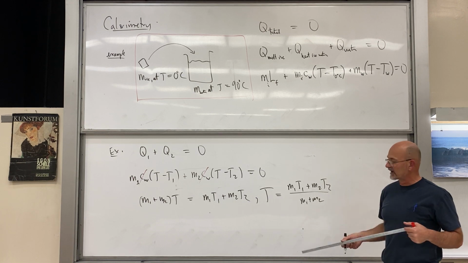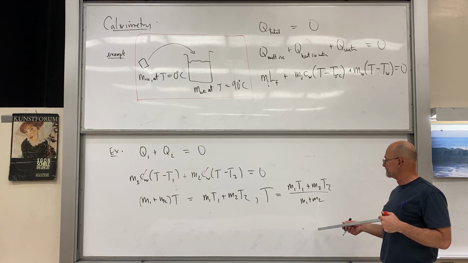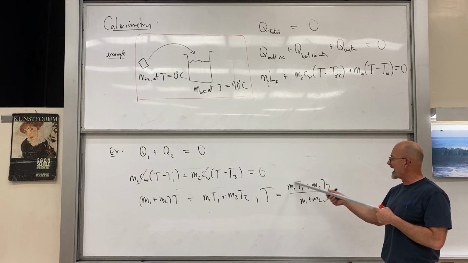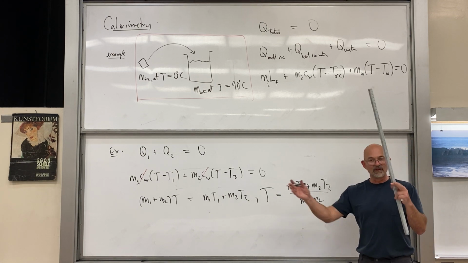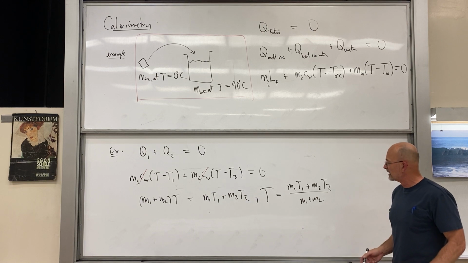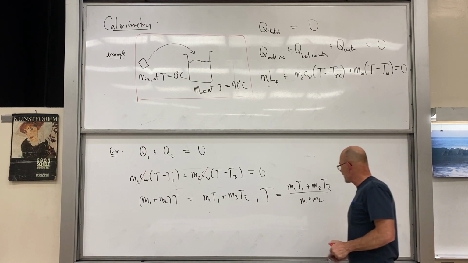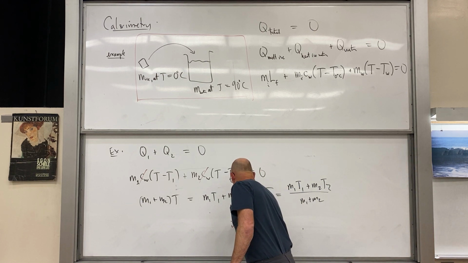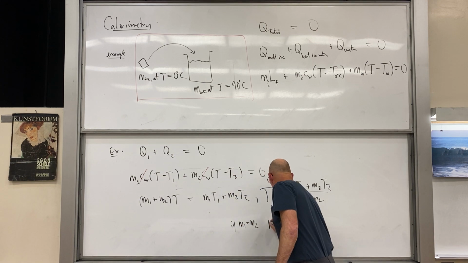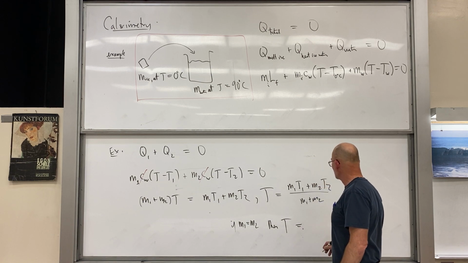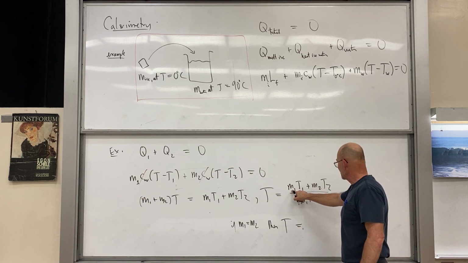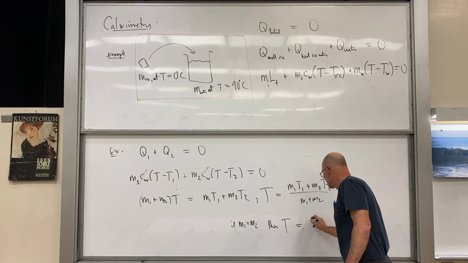So that's very basic. For example, equal masses of water, you literally get the temperature between the two original ones. Okay. So take this and do some examples. If M1 equals M2, then the temperature is equal to (T1 plus T2) over 2.